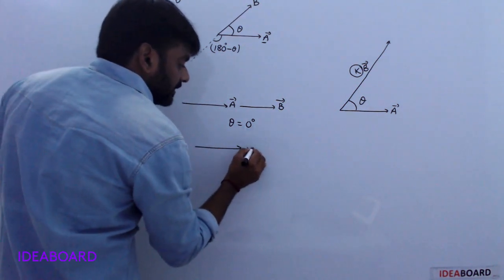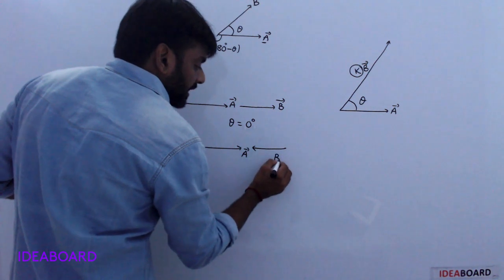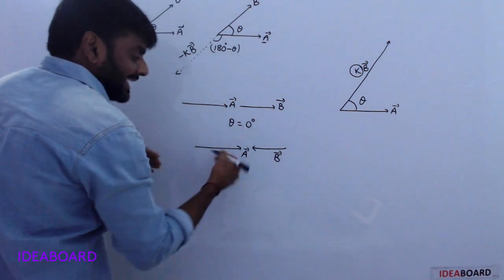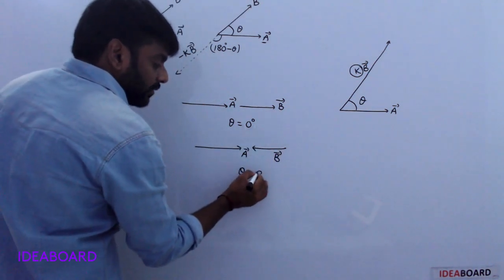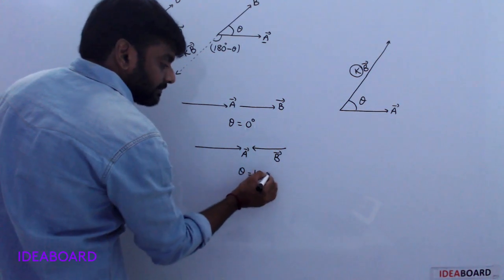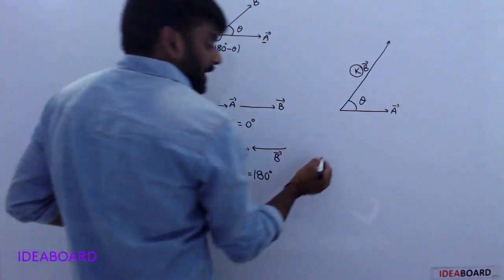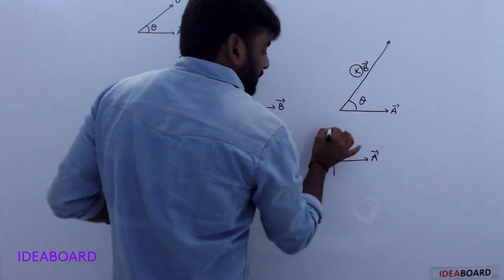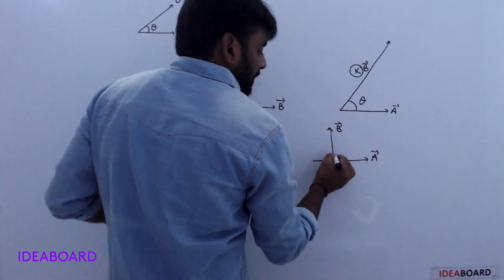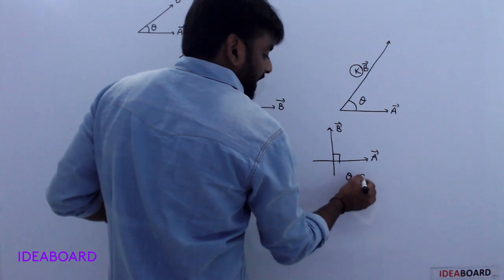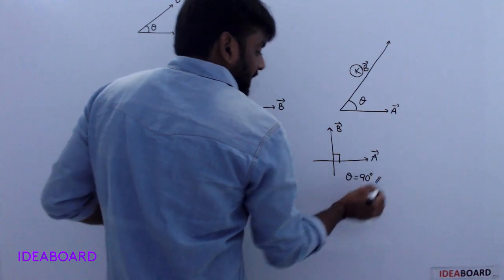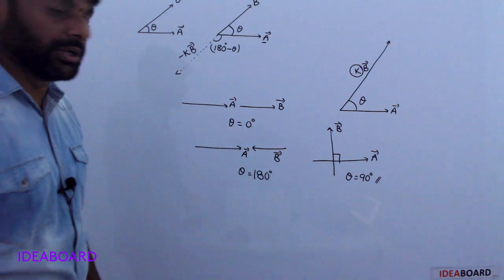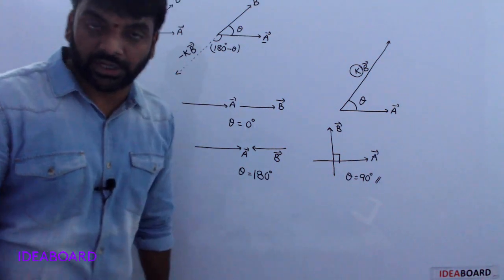Here A bar, this is B bar, opposite in direction means the angle is equal to 180 degrees. Next, this is A bar, this one is B bar. What is the angle between them here? The angle is equal to 90 degrees. Understood?